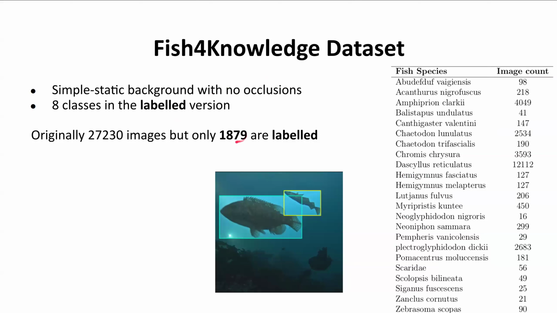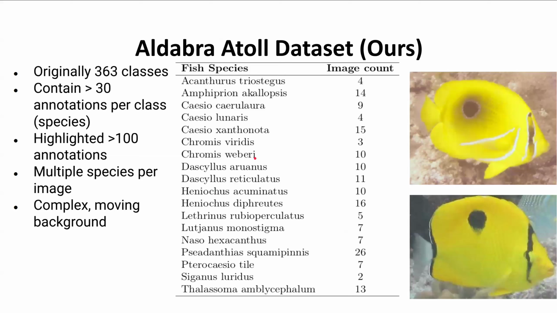So we only ended up labeling about 1,880, but you can see that there are a lot of different fish inside each image of these 1,880. This is our own data set. We collected data in Seychelles at Aldabra, and there were 363 classes originally, but we quickly found that there are too few images available per fish, so we chose the top 5 classes instead.